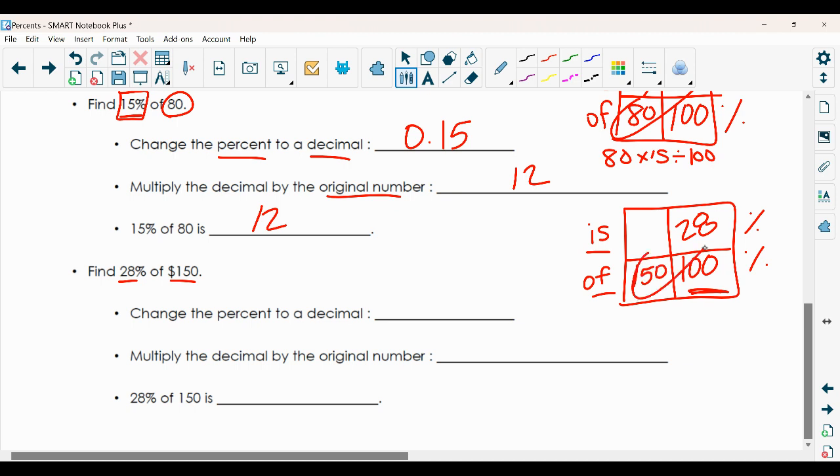You cross multiply 150 times 28 divided by 100 gives you what? 42. So your tip alone is going to be how much money? $42. If my meal is 150 and my tip is 42, how much have I spent? $192. Okay? So that's how we would do that.